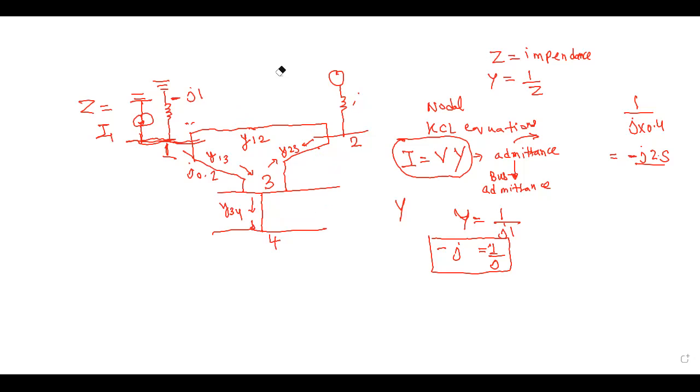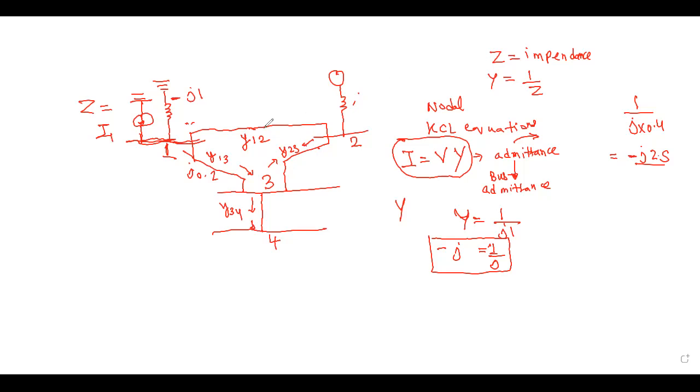Can you write everything you have to do as 1 by j? Whatever value you are writing, you have to do 1 by j.